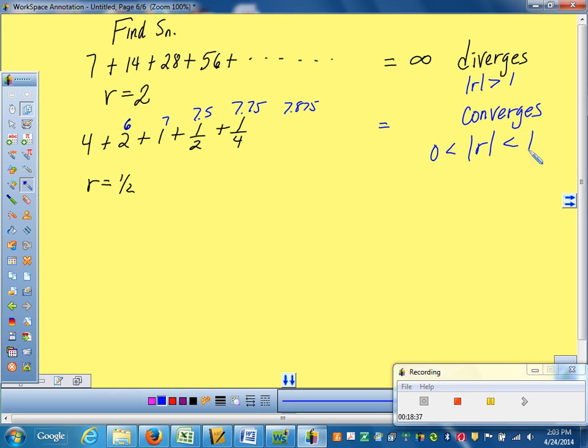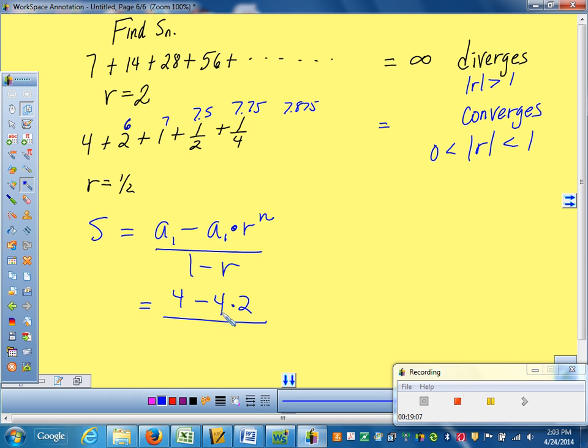Now, since I have 2 minutes left, you're going to get the shortened version of this. The formula for this is super simple, because all it does is take the formula we already have. In this problem, my first term's 4, my ratio is a half, and I'm going to infinity.